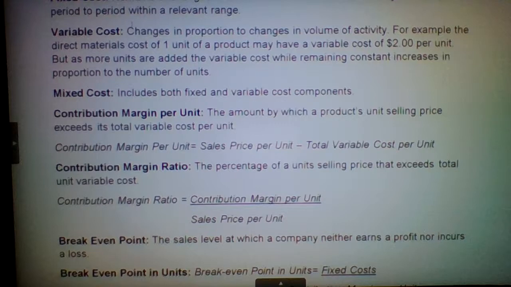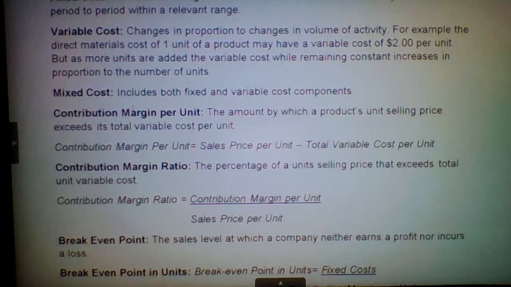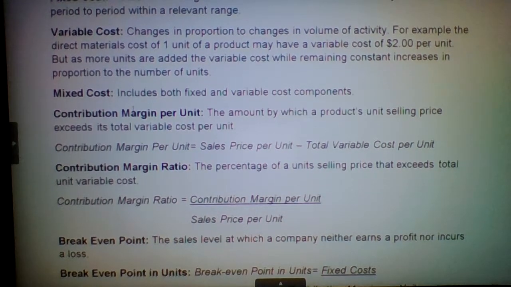Now we're going to get into the meat and bones and start talking about the contribution margins and the different formulas that you're going to use. Contribution margin per unit is the amount by which a product's unit selling price exceeds its total variable cost per unit.